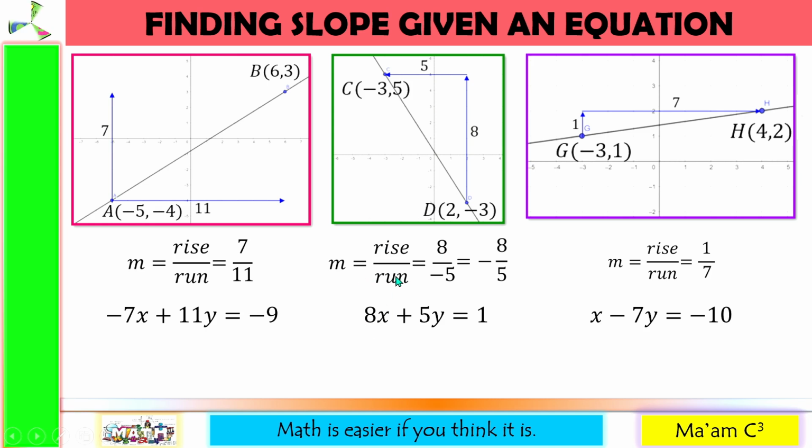Our run is negative 5 and the coefficient of y here is 5. For the last one, rise here is 1 and that is actually the coefficient of our x here, the invisible one, while the coefficient of y is negative 7, somewhat related to our run, which is 7.